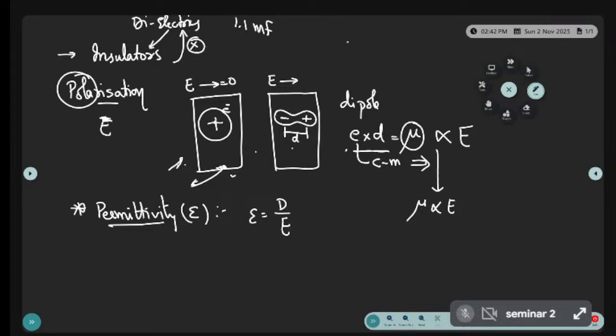For free space or air, this permittivity is indicated with letter epsilon naught, whose calculated value is 8.85 into 10 power minus 12 farad per meter.